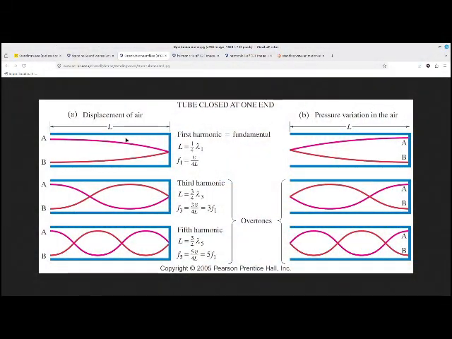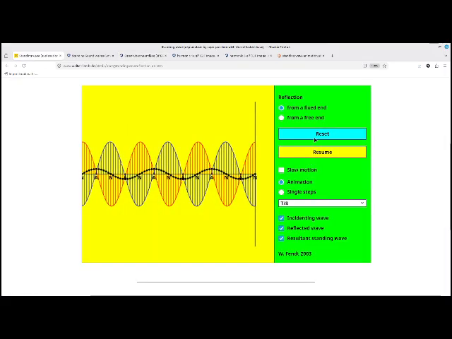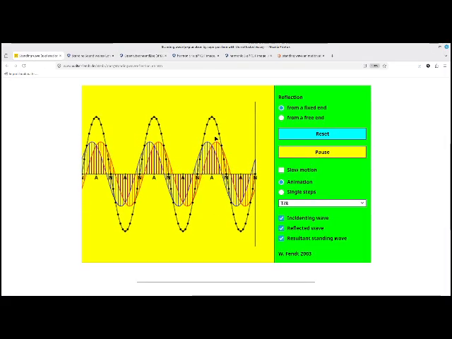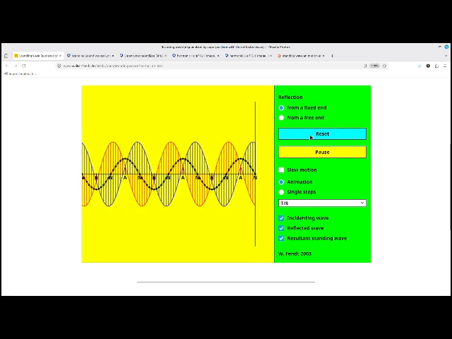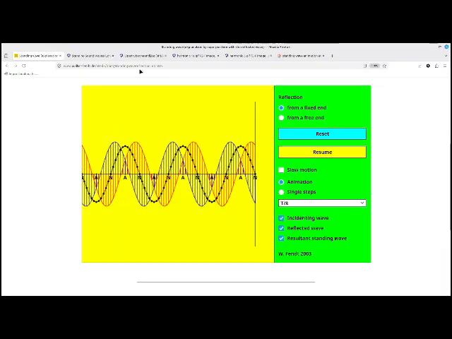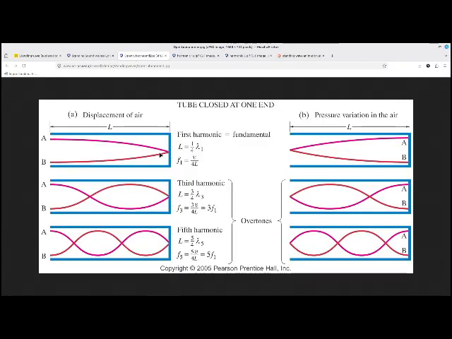So now we have these standing waves, and we can give a static representation of a standing wave instead of having to see it wobble back and forth as we do here. We see the black wave wobbling back and forth. We can just take the top and the bottom extremes, and we get something like this, where at the top extreme it's there, at the bottom extreme it's there.